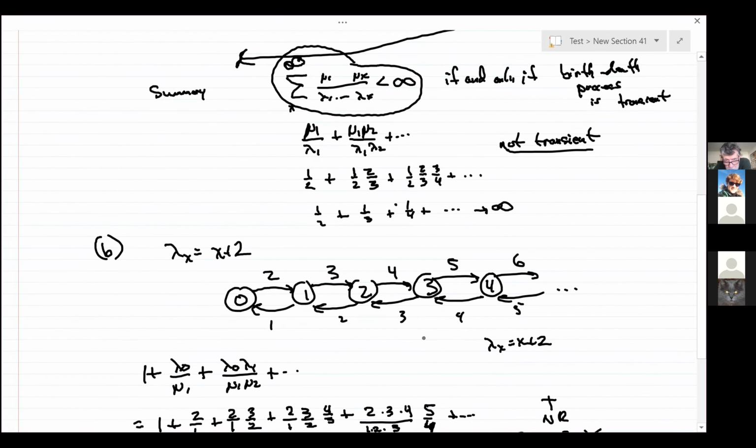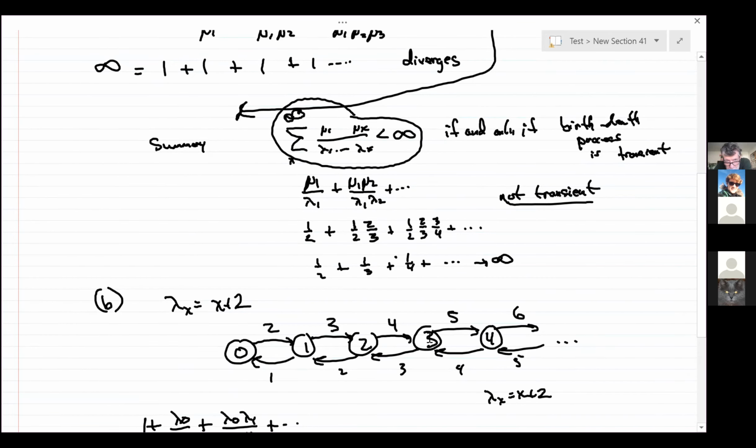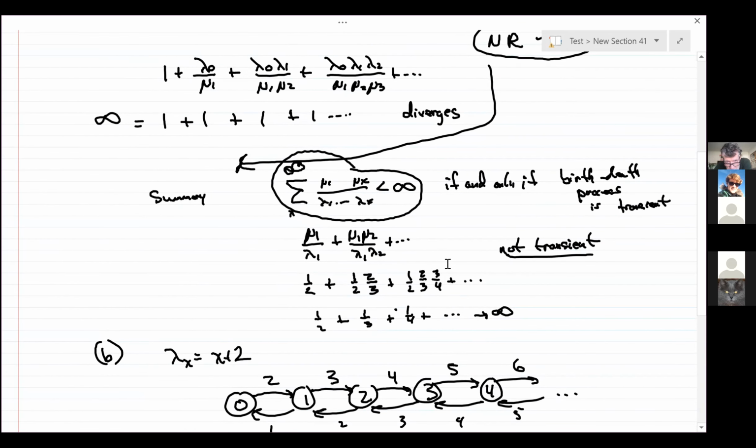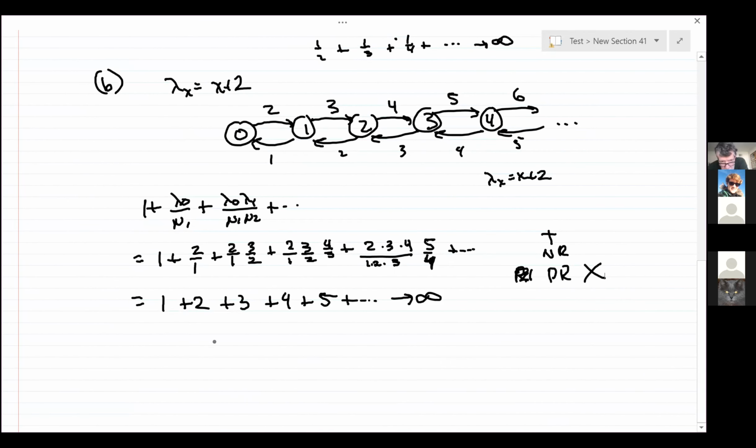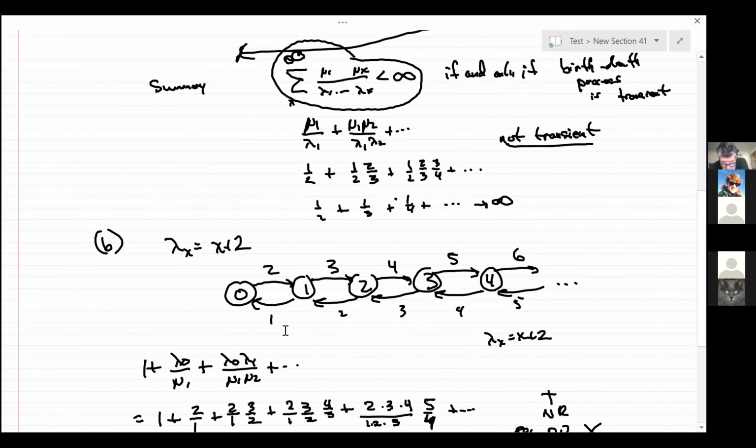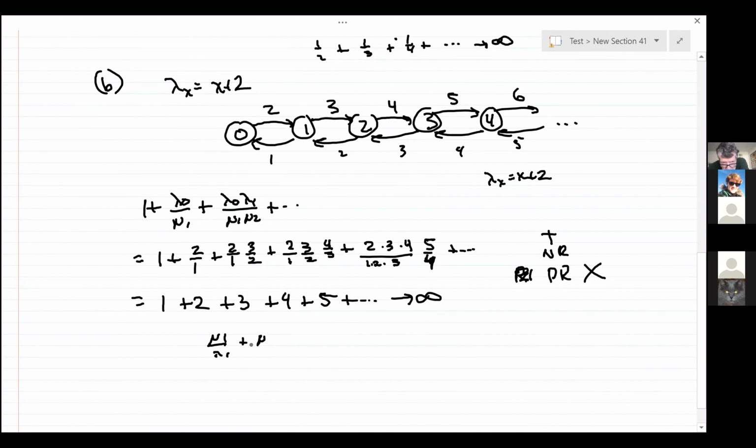I think it's transient. To do that, we need to do this sum again. So we have to look at U1 over lambda 1, U1, U2 over lambda 1, lambda 2, etc. U1, U2, U3 over lambda 1, lambda 2, lambda 3.